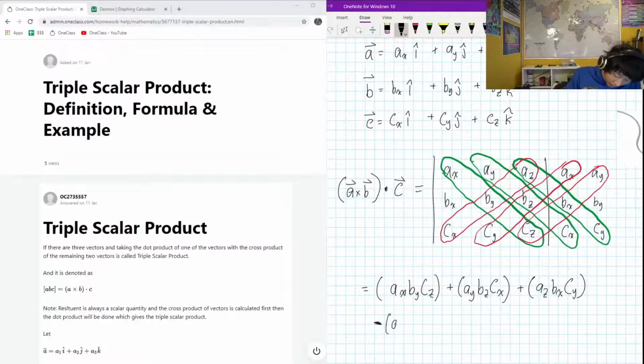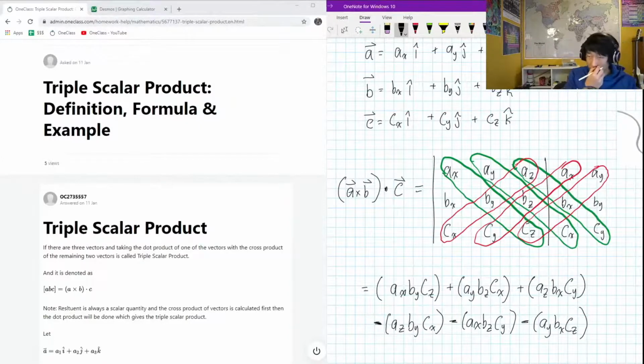So this shall be AZ times BY times CX, minus AX times BZ times CY, minus AY times BX times CZ. Okay, and this will be your result of this calculation, the triple scalar product A cross B dot product C.